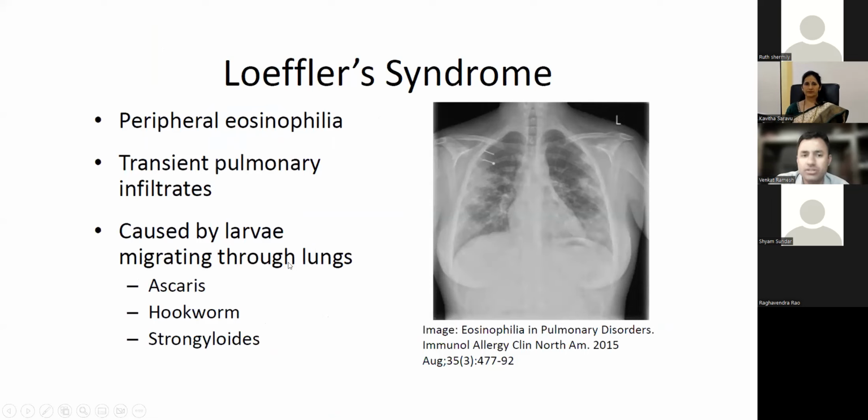Because of the larval migration through the lungs, these patients will present with wheezing, cough, fever, sometimes hemoptysis and dyspnea, and peripheral eosinophilia. They will have transient pulmonary infiltrates, which can be seen in this diagram.